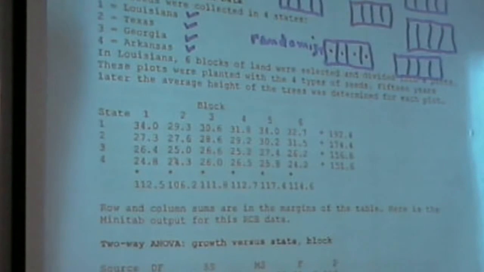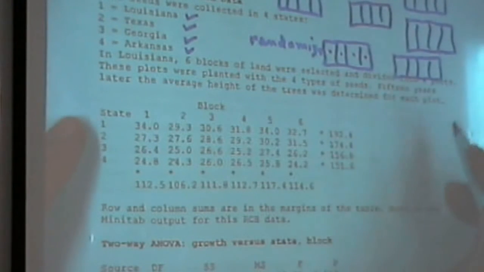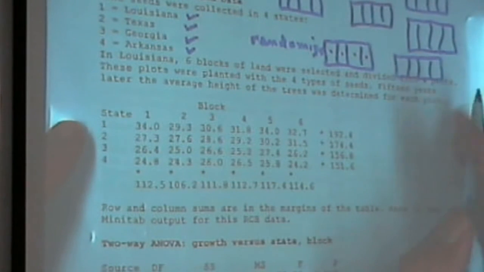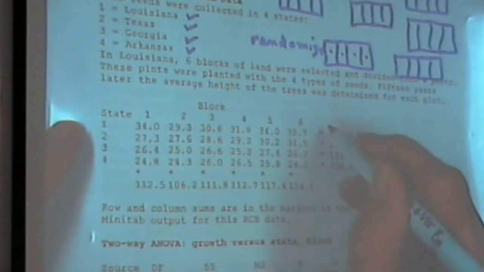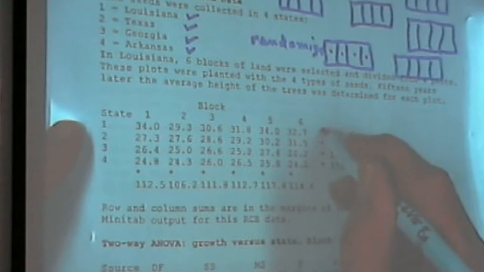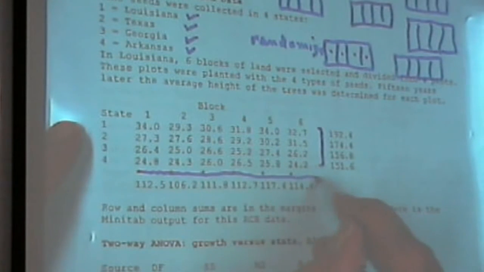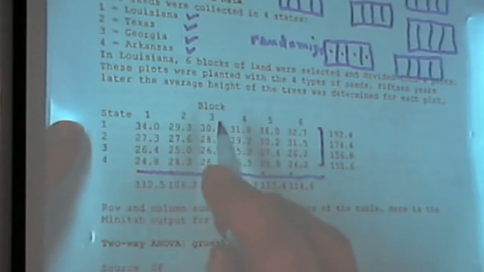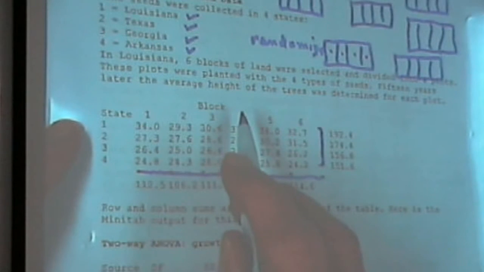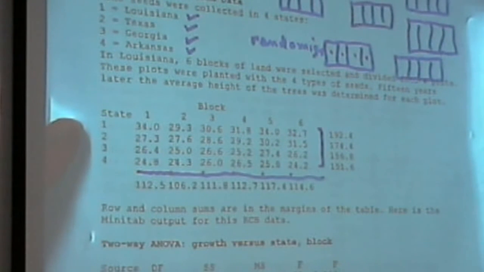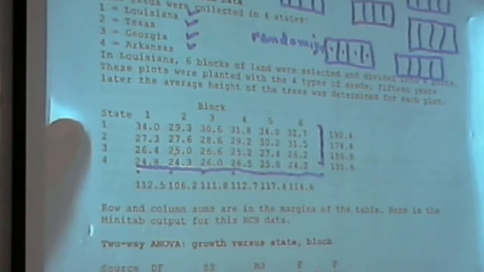So we've got all that done, and then we wait, it says here 15 years, and we measure the heights of the trees, and we get this data. Now notice in this example, I've got the blocks on the top and the treatment on the side. So I switch their location from my general layout.